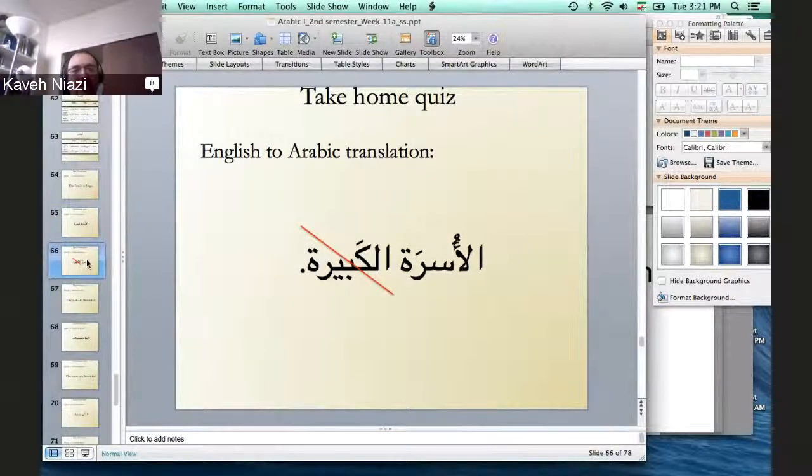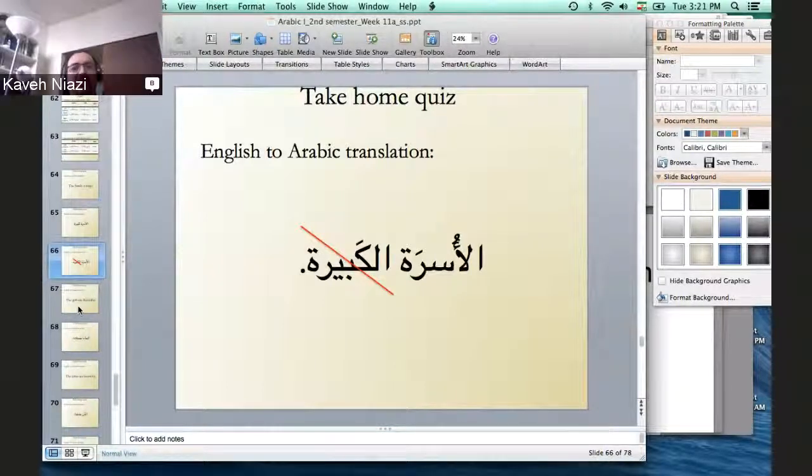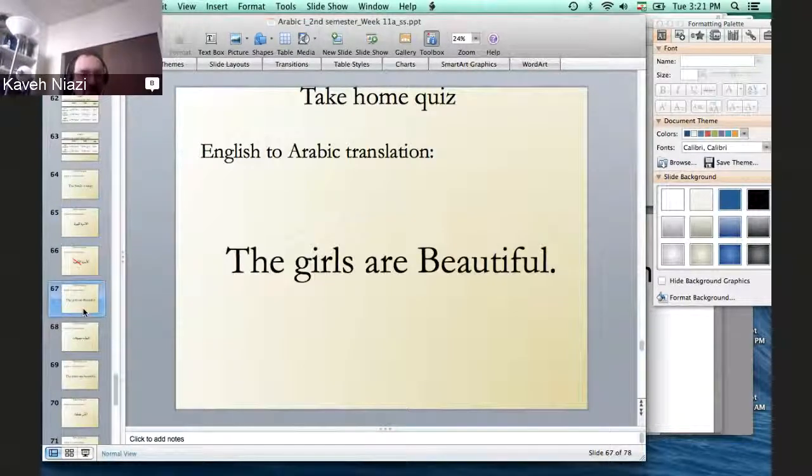All right. Now, why is al-usra al-kabira wrong? Doesn't that translate to the large family? That's right. So this is Arabic for the large family. To say the family is large, you have to say al-usra kabira or al-aila kabira. Very nice. How do I say the girls are beautiful?